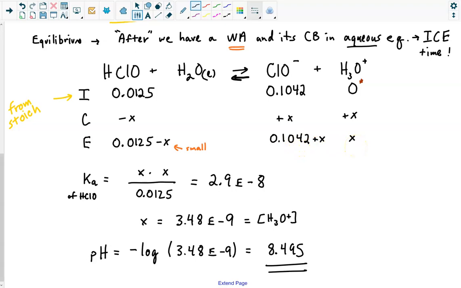Now think about this. The important number here that we're going to have to solve for, because the initial question said what is going to be the resulting pH if you mix those solutions together, the HClO and the KOH, right? Well, once you mix them together and all the KOH is used up, you still have some HClO.